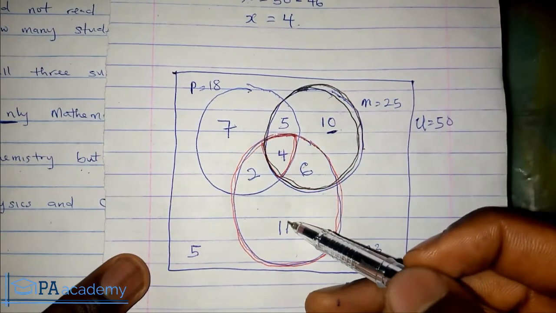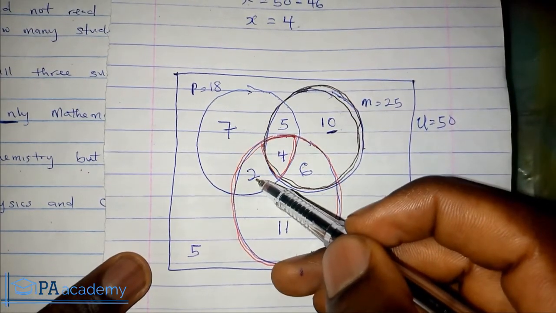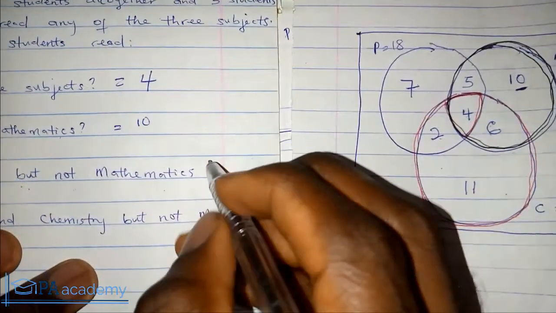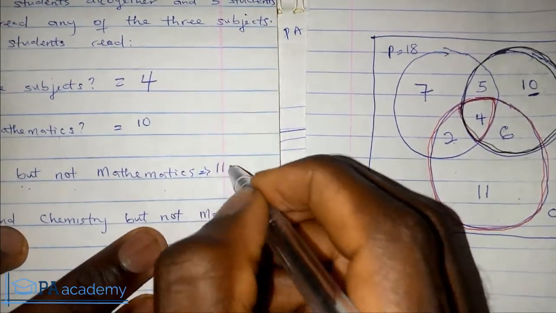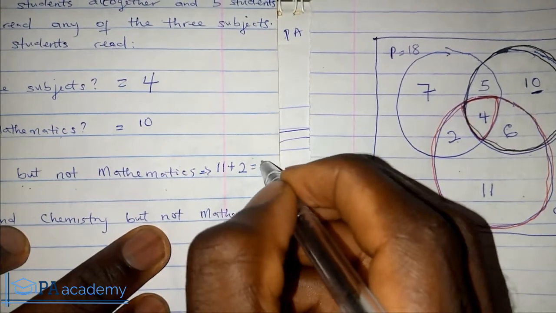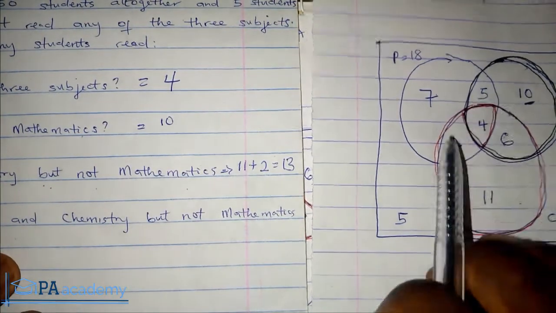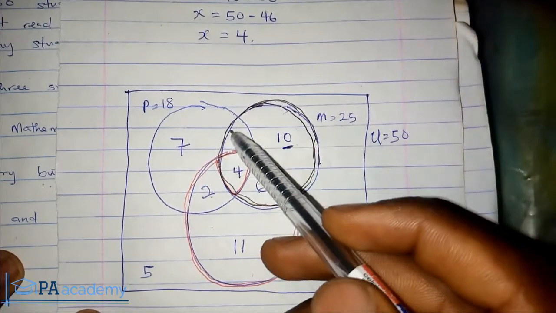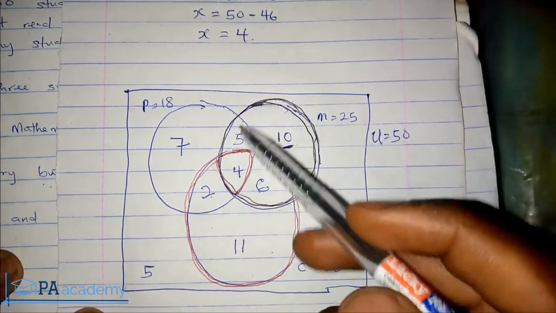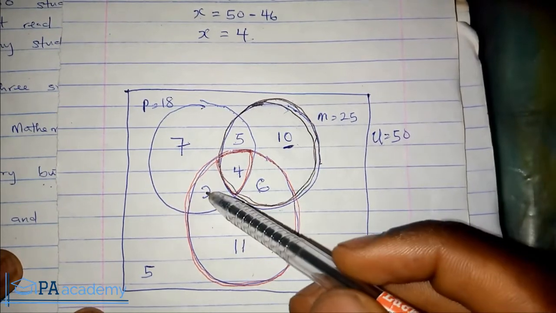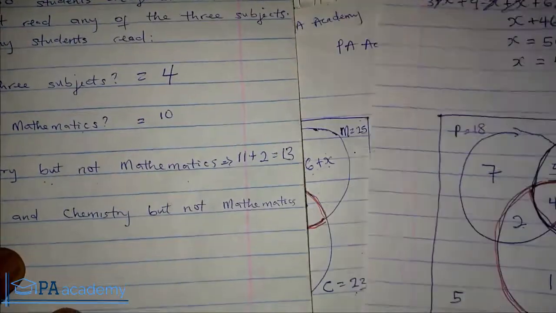So that will be 11 plus 2, which is 13. Anything relating to chemistry but outside mathematics is only 11 and 2, and that is 13.